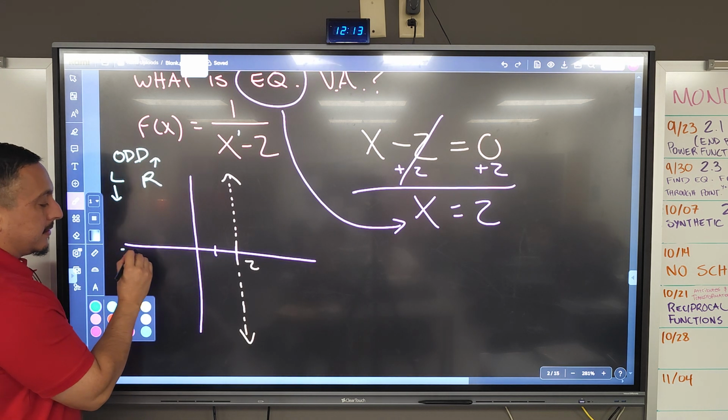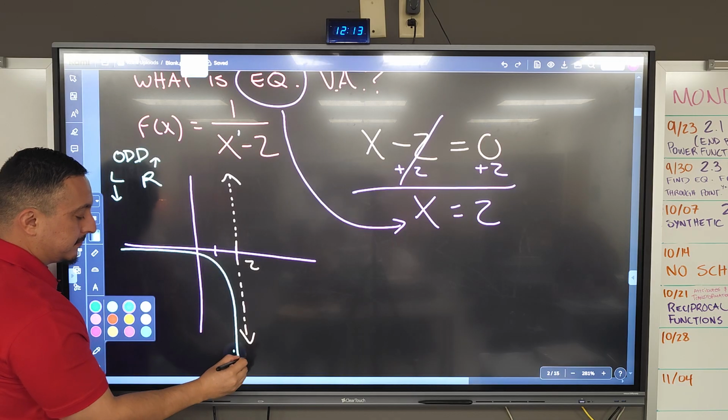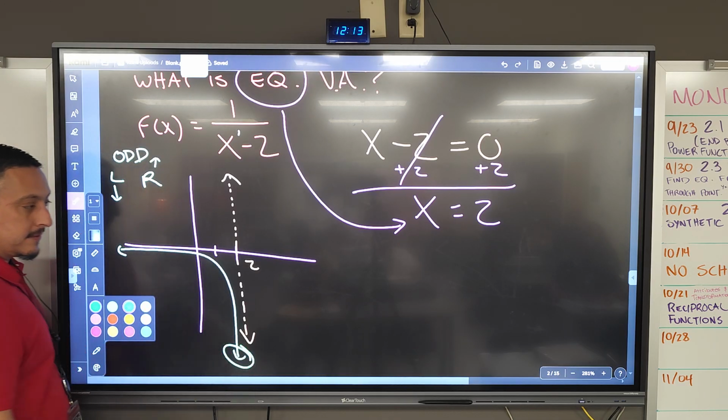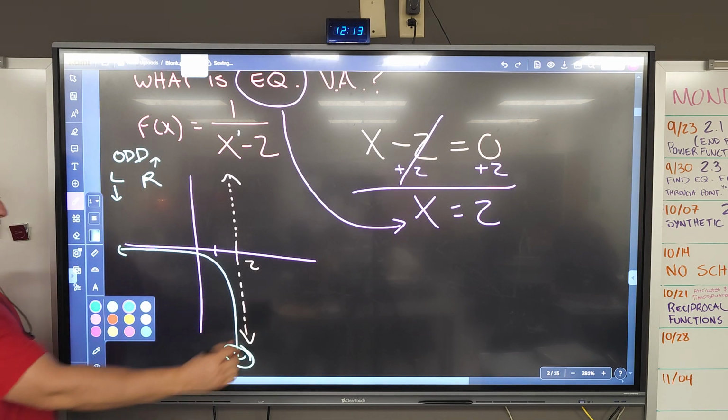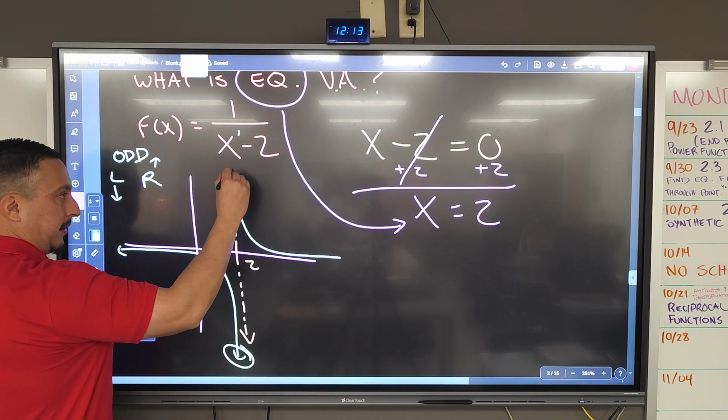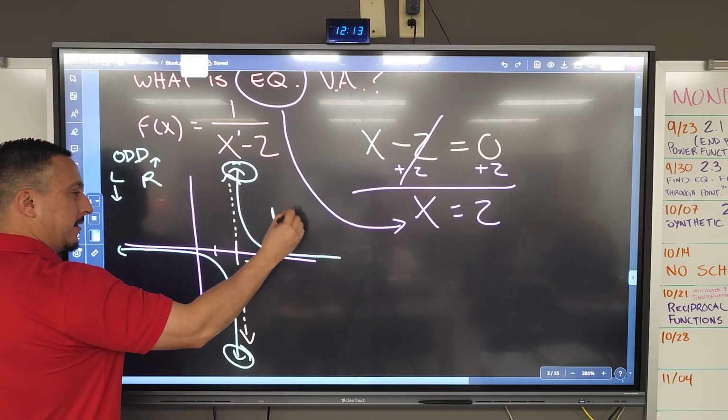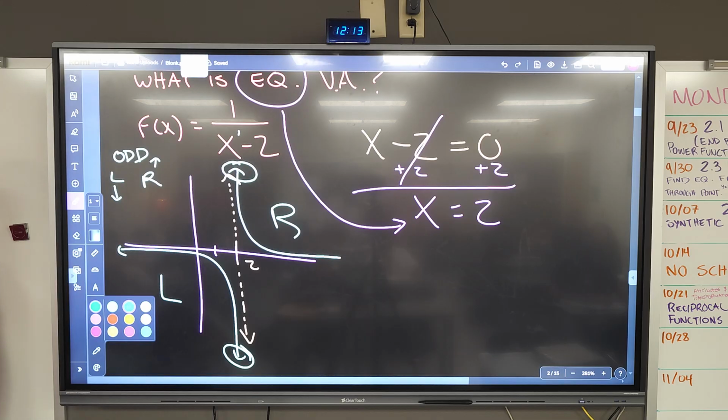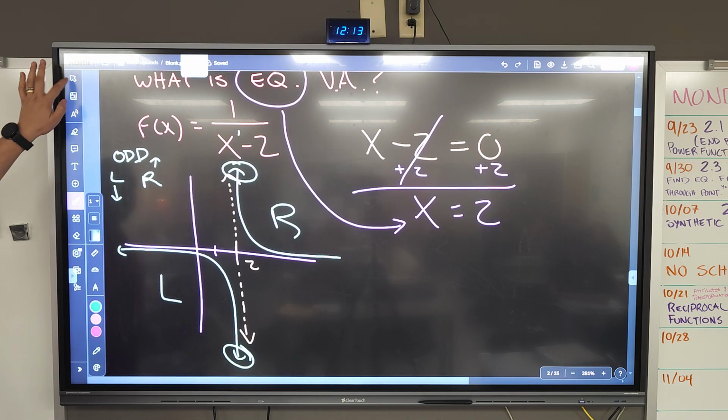The left arm points down, the right arm is going to point up. This is the right arm. This is the left arm.